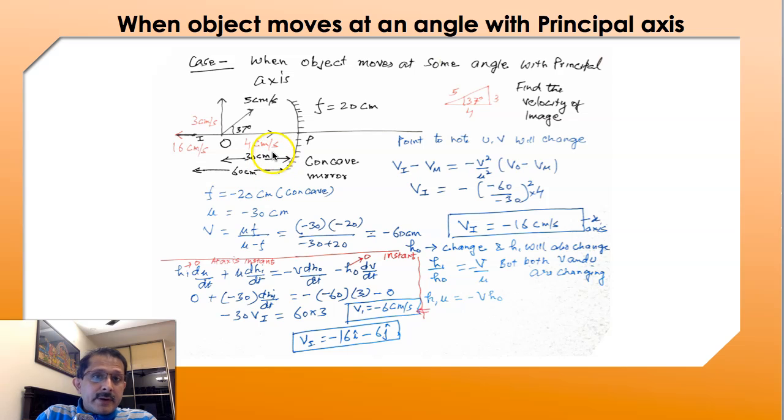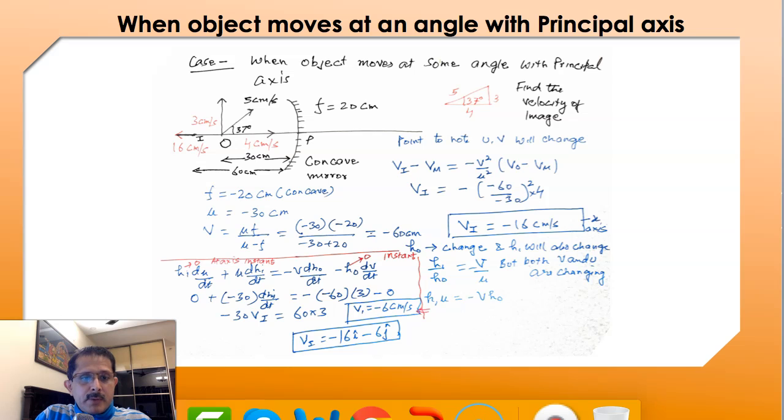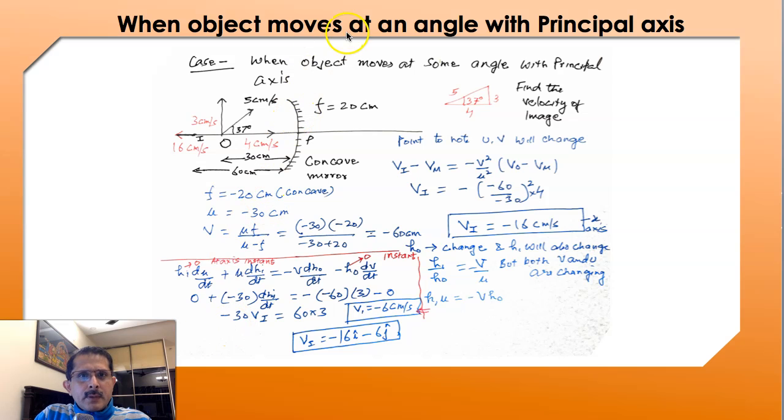so the distance from the object to the pole of the mirror is 30 centimeter, hence u is equal to 30 centimeter. But remember one thing: this is the direction of the incident ray in the case of a concave mirror, so everything considered in this direction would be positive.